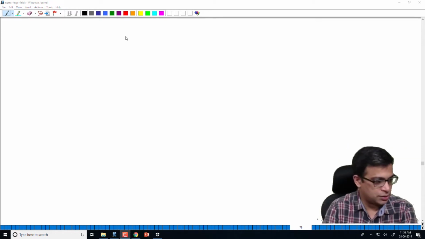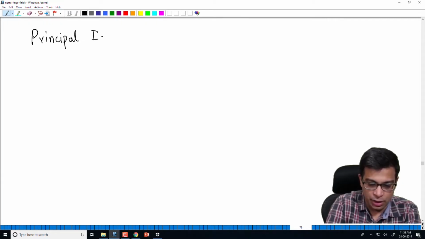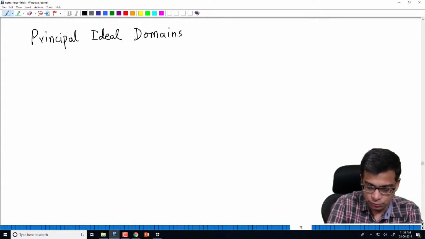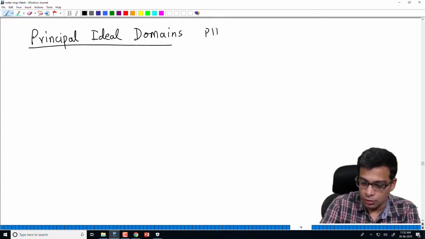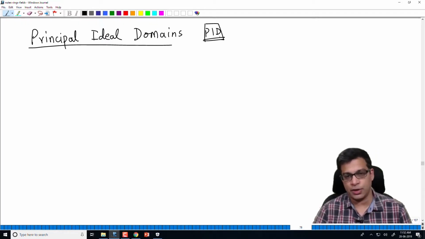The first class of examples is the class of rings called principal ideal domains. They are referred to in short as PIDs. So principal ideal domains are very simple.